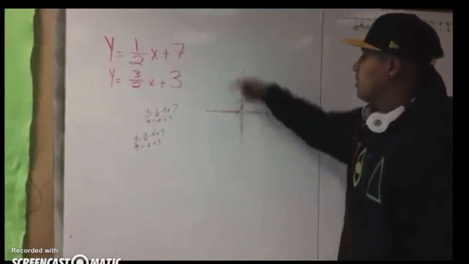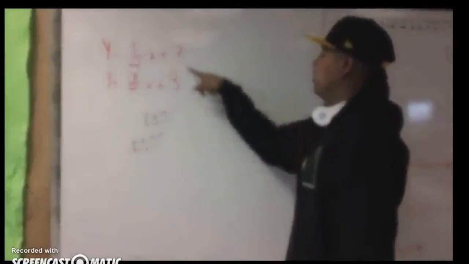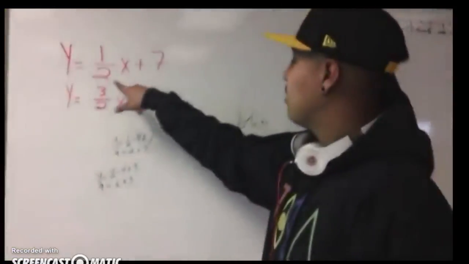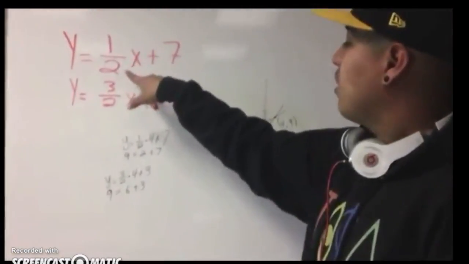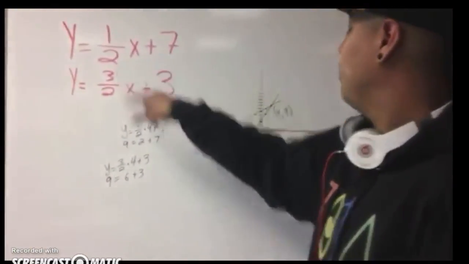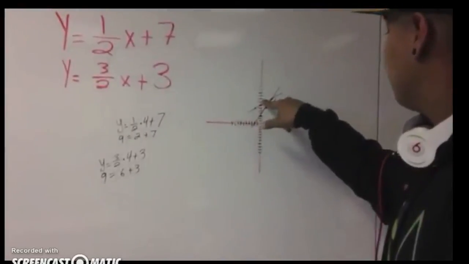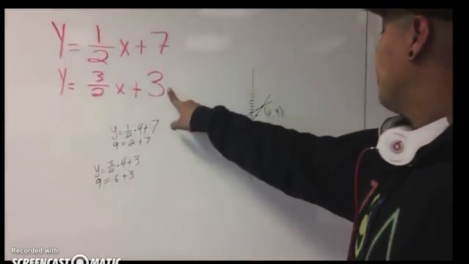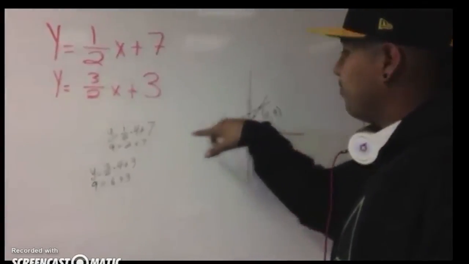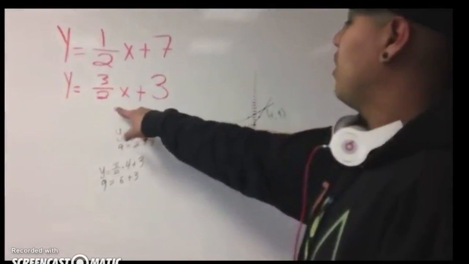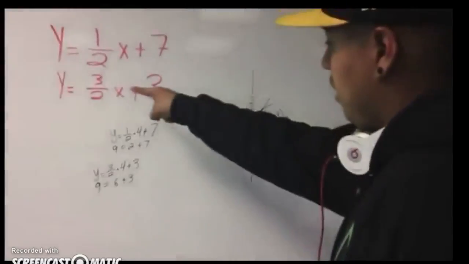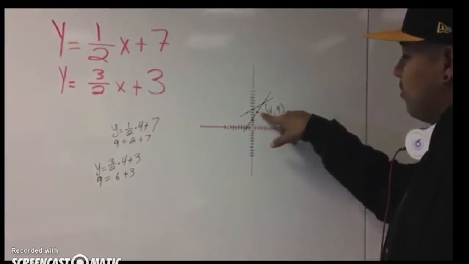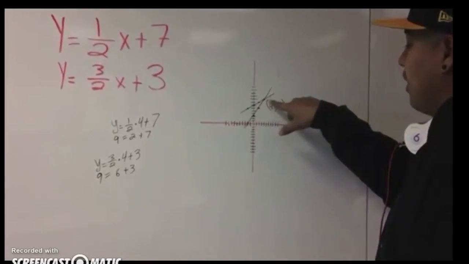Alright, so this is the first equation. This is the y-intercept. Start at 7. Then this is the slope. Go up 1, go across 2. So the y-intercept is at 3. So I start at 3. And the slope is 3 over 2. You go up 3, go across 2. And I keep doing that again.